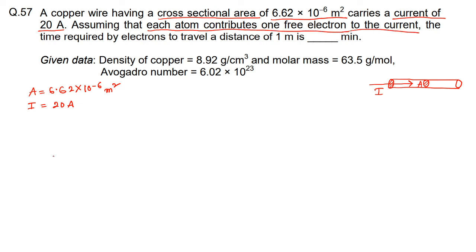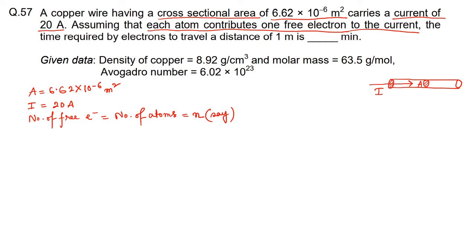So we can say that the number of free electrons is equal to the number of atoms in the wire, as we have drawn here. Let us take it as small n.